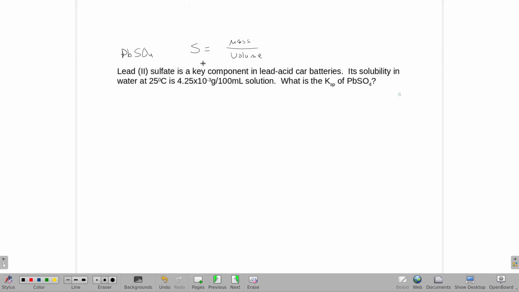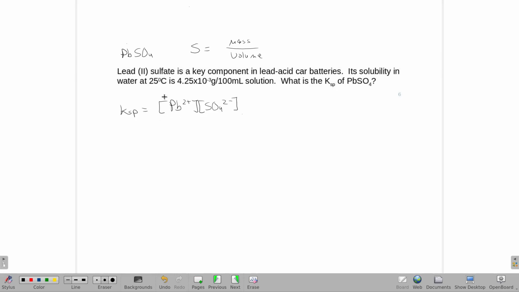What we want to do is turn that into a KSP. So what we know right now is the KSP for lead sulfate would look something like so. Just one of each. Now, all we need to do then is, if this is the solubility, this 4.25 times 10 to the negative third grams per milliliter, we're going to turn that into the molarity.